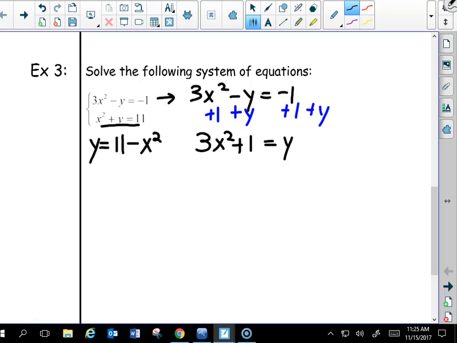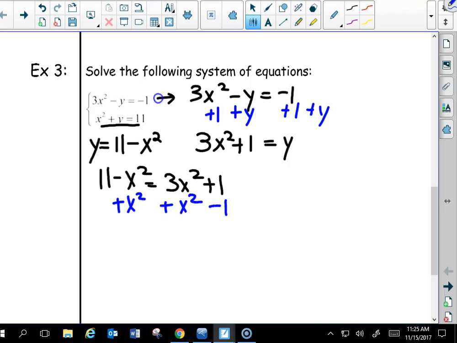Now we're going to set these two expressions for y equal to each other and solve for x. And I've got my x squared on one side.